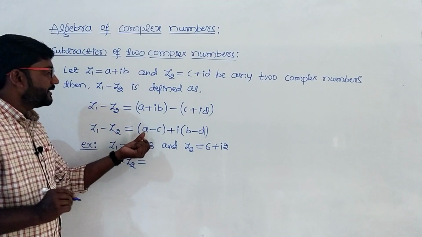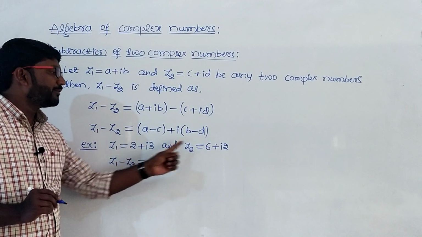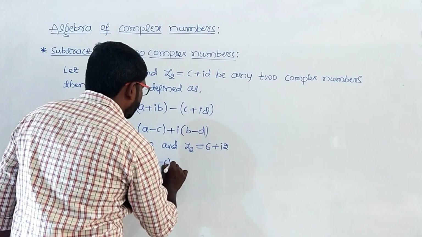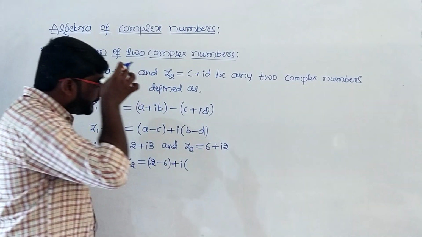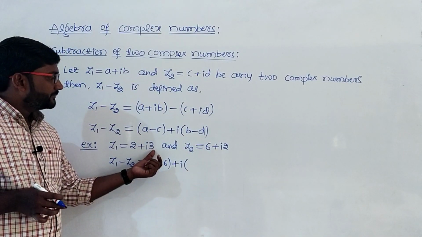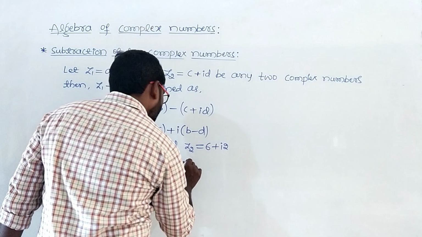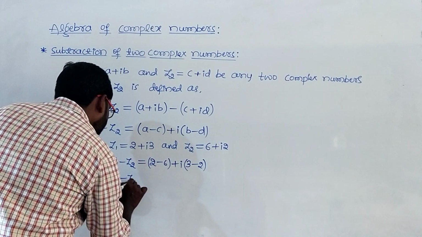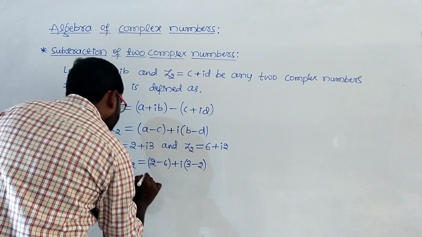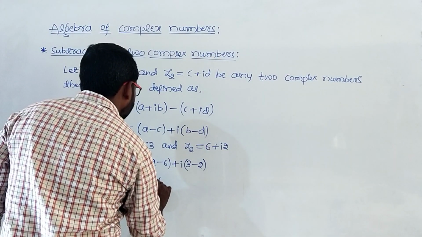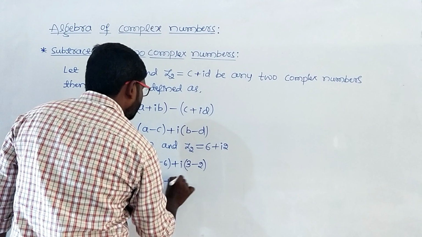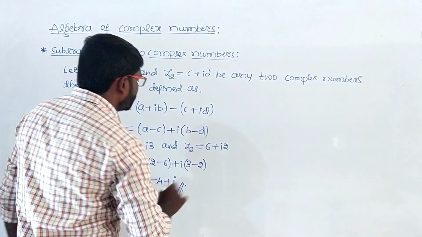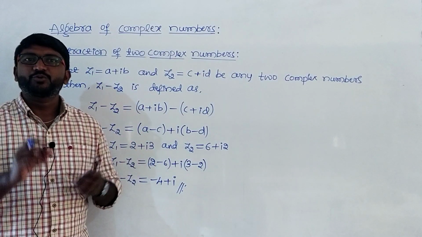We have to go for A minus C, that is 2 minus 6, then plus i into 3 minus 2. So Z1 minus Z2 equals 2 minus 6, which is minus 4, and then plus 3 minus 2, which is 1, into i, it is i. So minus 4 plus i. This is the subtraction of the two complex numbers.